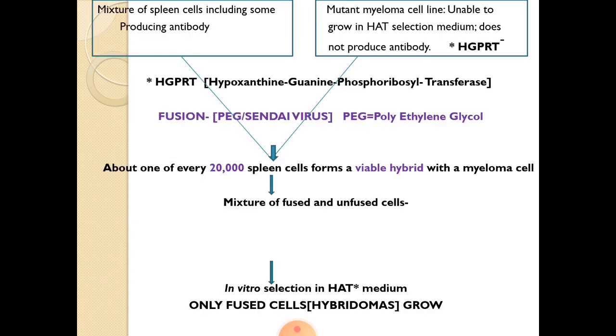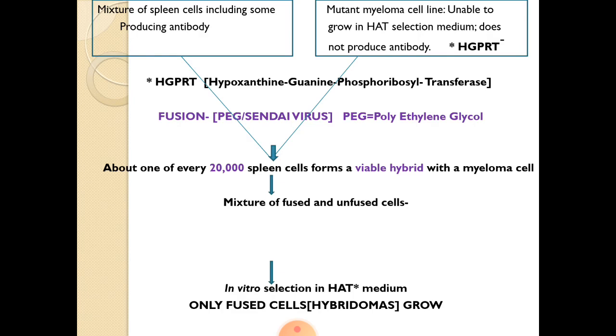Now, we have on one side a mixture of spleen cells, including some cells which produce antibody, and on the other hand, we have a mutant myeloma cell line unable to grow in HAT selection medium.